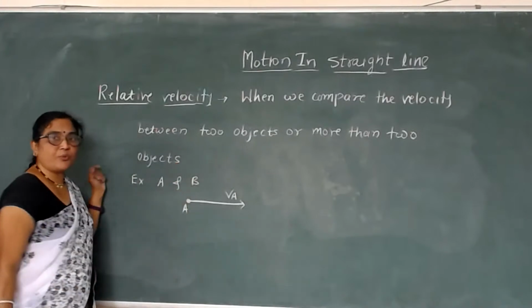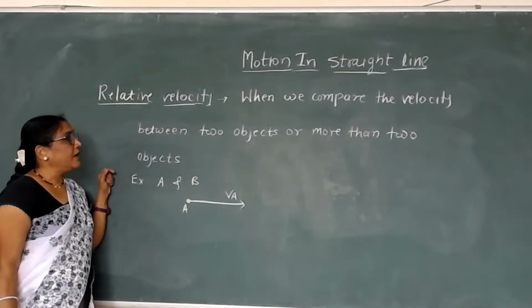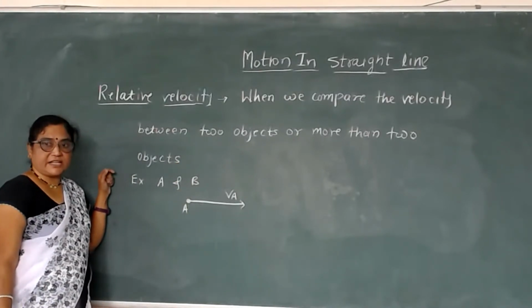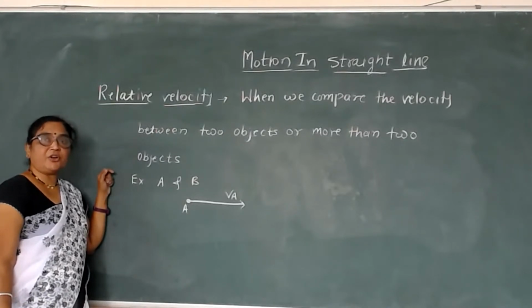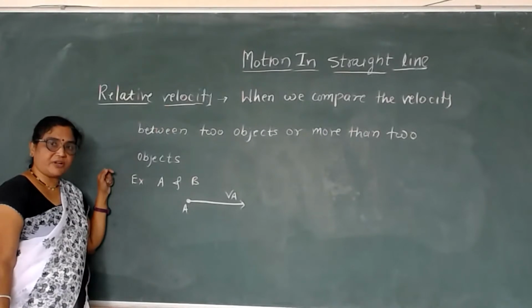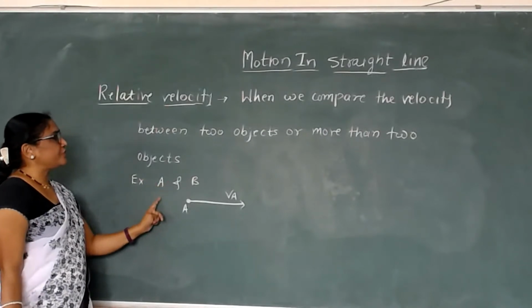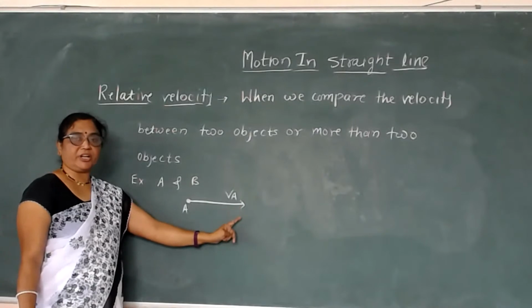When an object moves from one place to another, there is a velocity. Due to the motion, the rate of change of displacement is known as velocity. Let's say the first object is moving with some particular velocity.